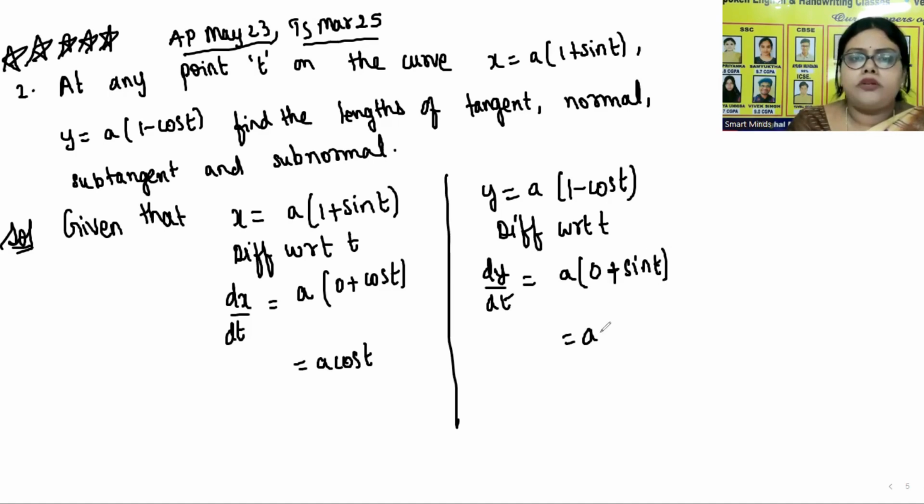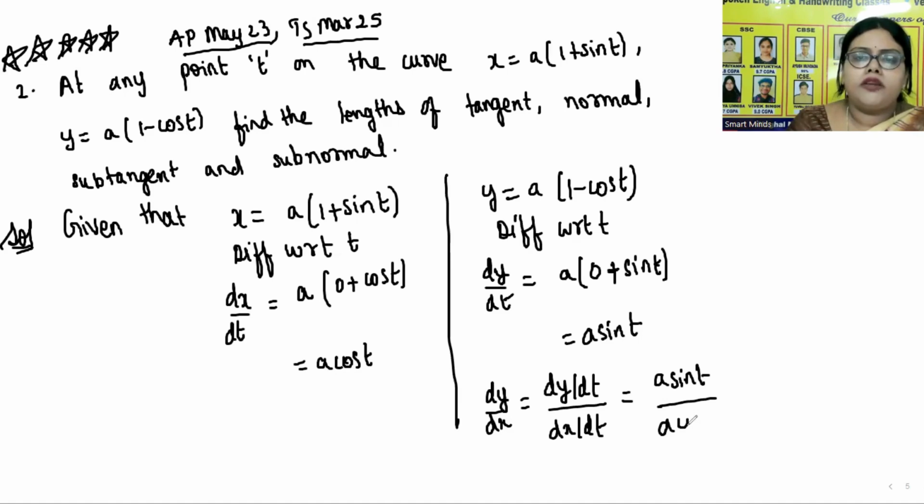So that is equal to a sin t. Now how to find out dy by dx? We can divide dy by dt by dx by dt. So that is a sin t by a cos t. A cancels, sin t by cos t is tan t. So we got dy by dx as tan t.